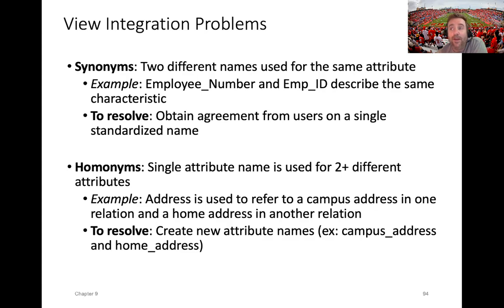So you've merged two relations and you've got address, in each of these two relations that you merged, you had an attribute called address in both of them. But actually, when you merged them, you didn't realize that address in one was campus address and address in another was home address. When you create your new merged relation, you need to beforehand rename them, one as home address, one as campus address, and then keep them separate.